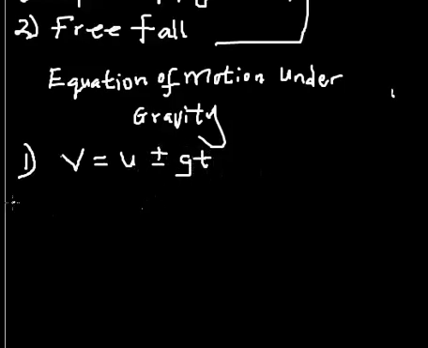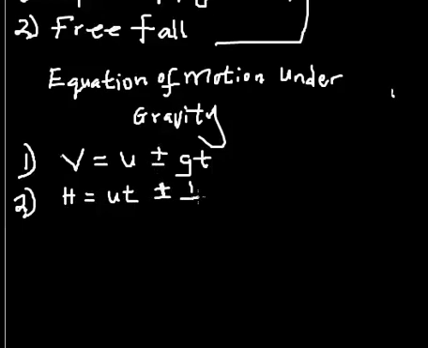For number 2, we have that S is equal to UT plus half AT squared, but I'm not going to use S, I'm going to use H, showing that we are dealing with height now. So H is equal to UT, then in place of this plus, there's going to be plus or minus. I'll tell you when we are to use plus and when we are to use minus.